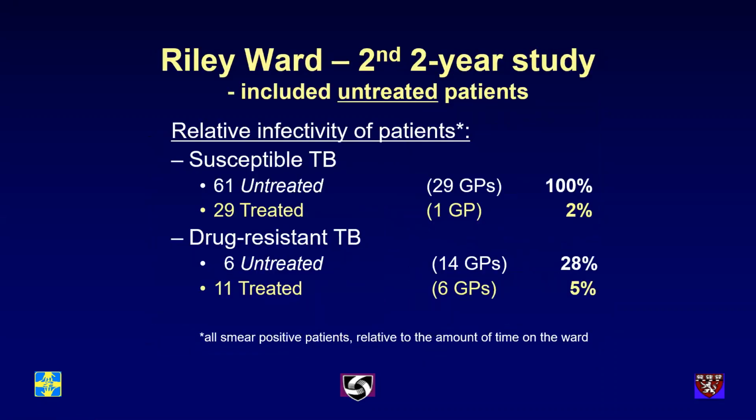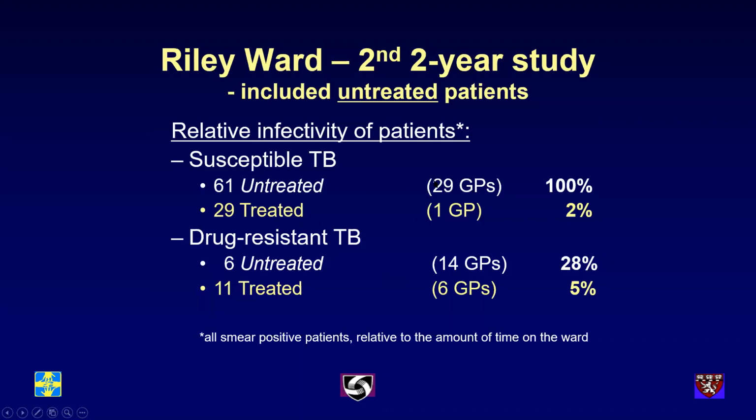Now, this is the data from Riley's study, and what happened here is that 61 patients with drug-susceptible TB who were untreated infected 29 of many hundreds of guinea pigs.